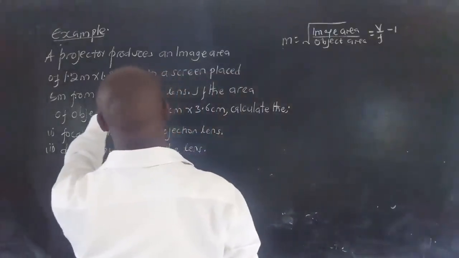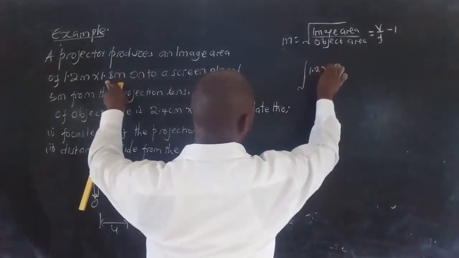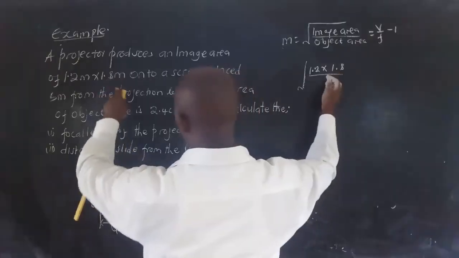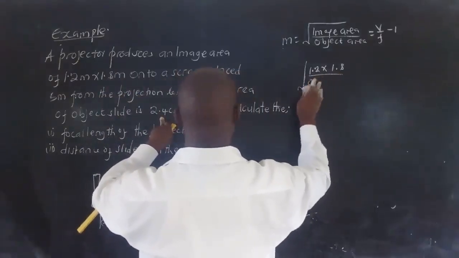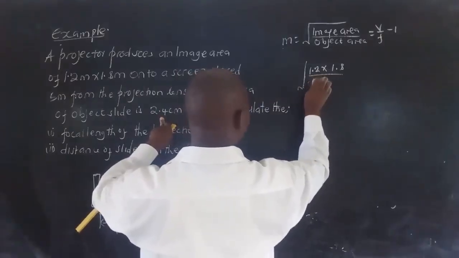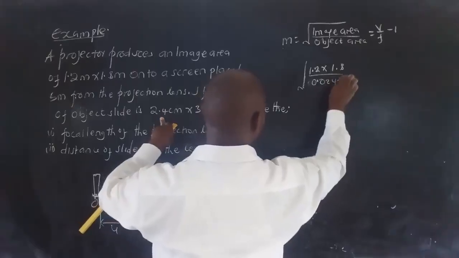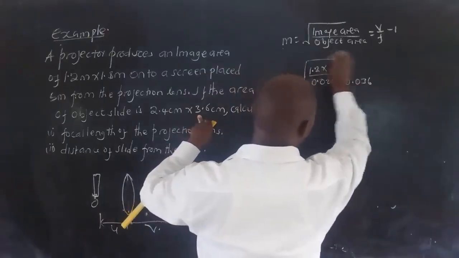The image is 1.2 times 1.8, divided by the object, which in meters is 0.024 times 0.036, under the square root.